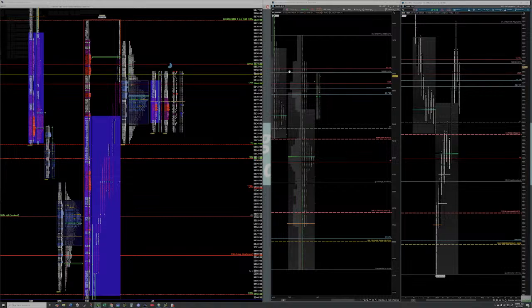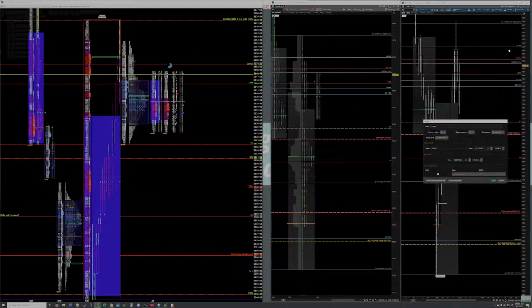Overnight high is 63.50. Duplicate. Overnight high.